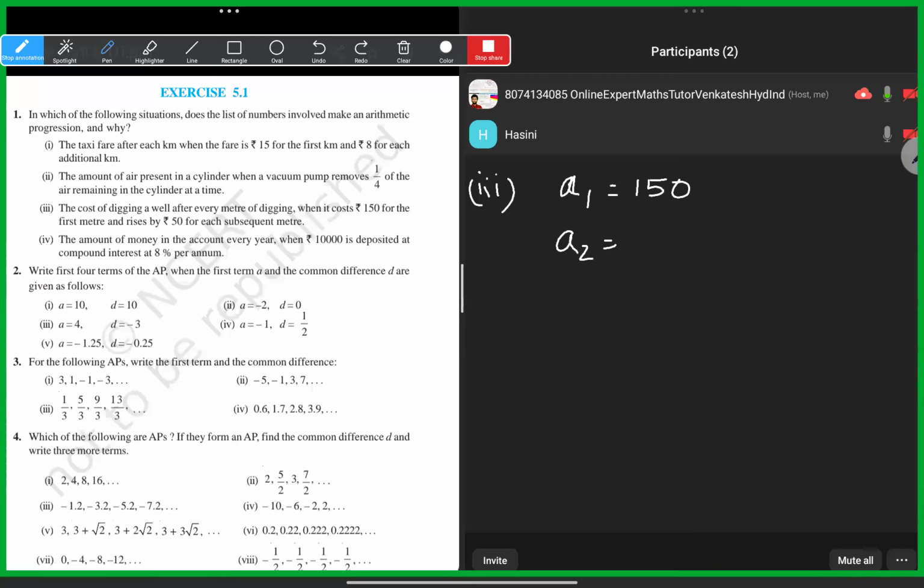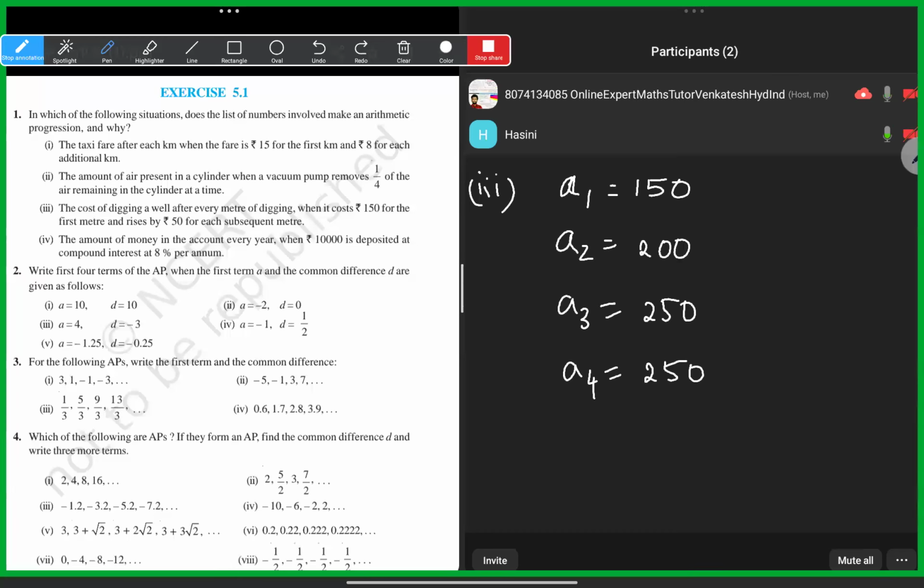If they dig till the second meter, 150 for the first meter and 50 gets added, so 150 plus 50 is 200. Till the third meter, extra 50 again, 250. For the 4th meter, again extra 50. Like that it will go on.